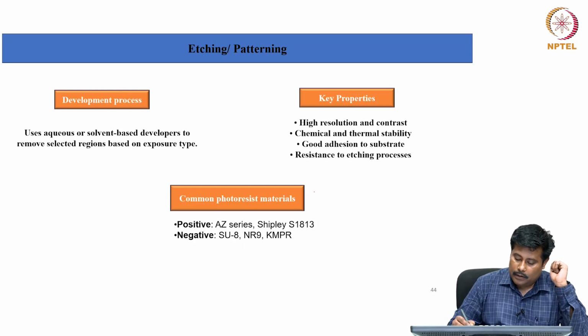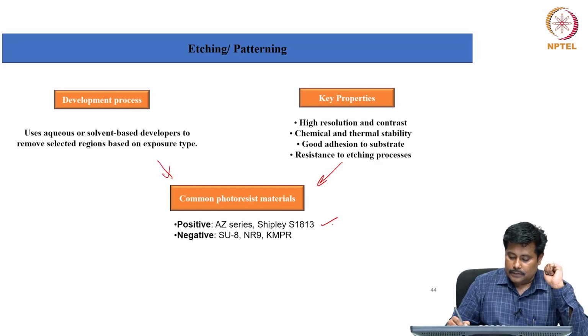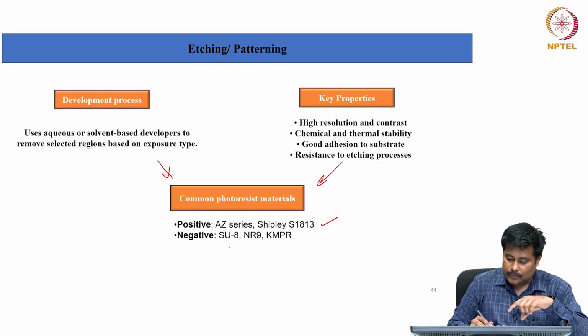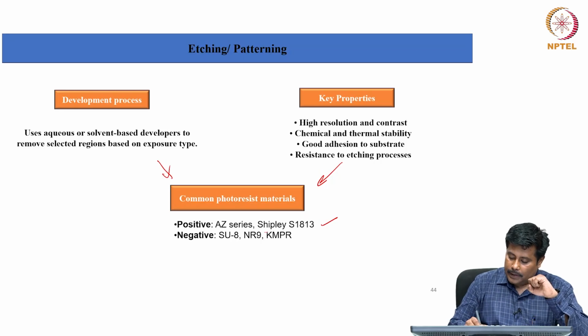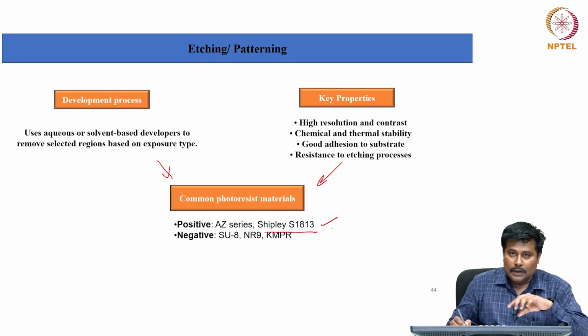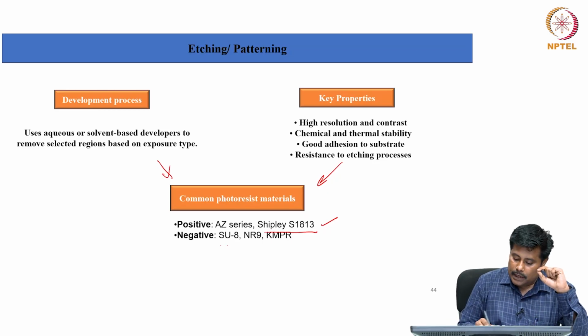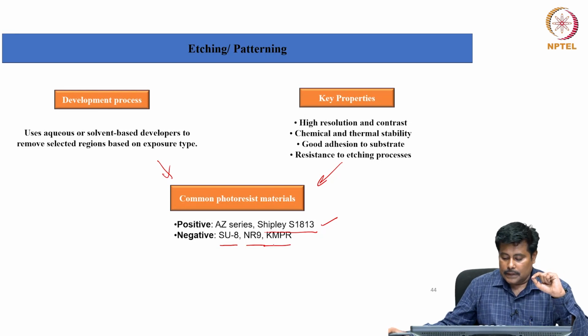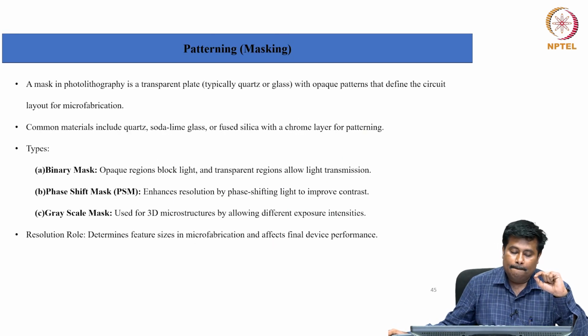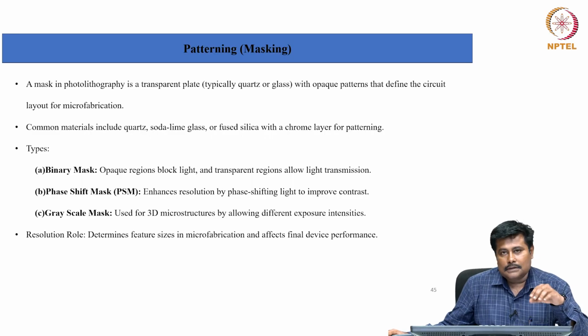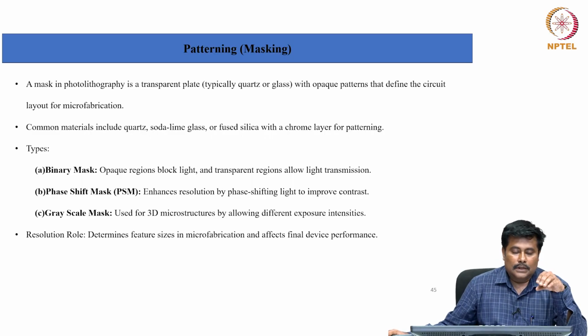Now, the common photoresist materials: in the case of positive, there is the AZ series material, or Shipley S1813. In the case of a negative photoresist, we use SU-8, NR9 and KMPR as negative photoresist materials.